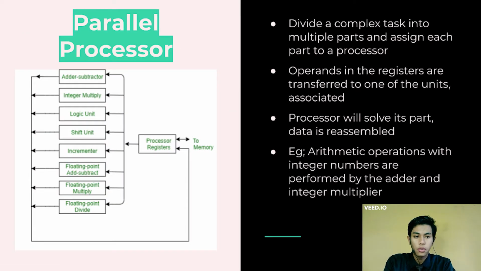We're going to move on to the organization diagram. Typically, a computer scientist will divide a complex task into multiple separate tasks with a software tool and assign each part to a processor. Then each processor will solve its part, and the data is reassembled by a software tool to complete the task.